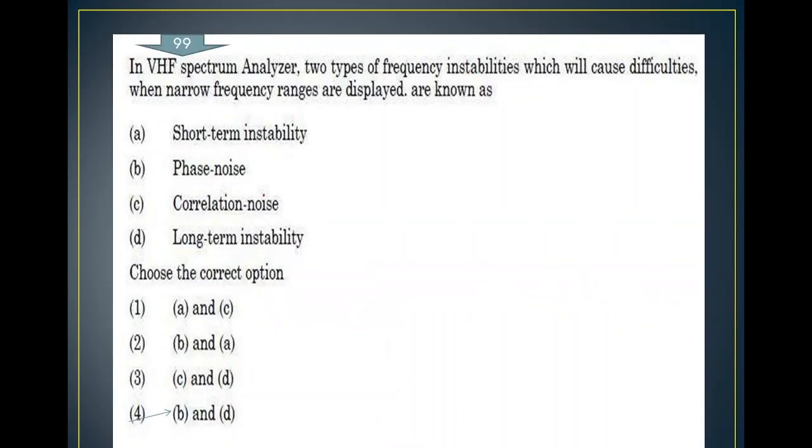Next, in VHF, very high frequency spectrum analyzers, two types of frequency instabilities which will cause difficulties when narrow frequency ranges are displayed are known as A, short-term instability, B, phase noise, C, correlation noise, and D, long-term instability. Choose the correct option. Option first, A and C. Option second, B and A. Option third, C and D. And option fourth, B and D. And the correct answer, option fourth, B and D.